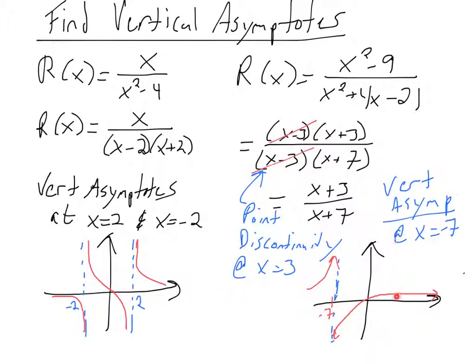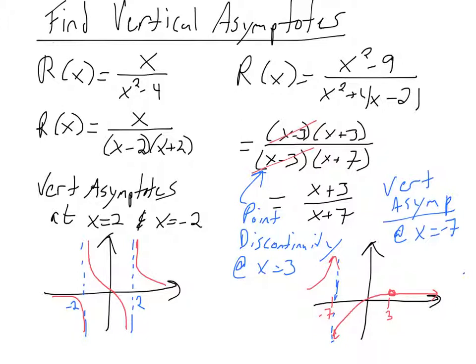There is no vertical asymptote at x equals 3. Instead of having that asymptote, there's just going to be a hole there. If we make an open dot to represent the fact that at 3 it's undefined, but everywhere up to and approaching 3 it is defined, there's no vertical asymptote there.